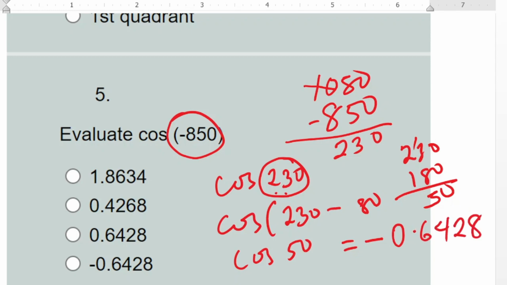At the same time, if you check cos 230 straight, you see the same, minus 0.6428. I hope this is very clear.